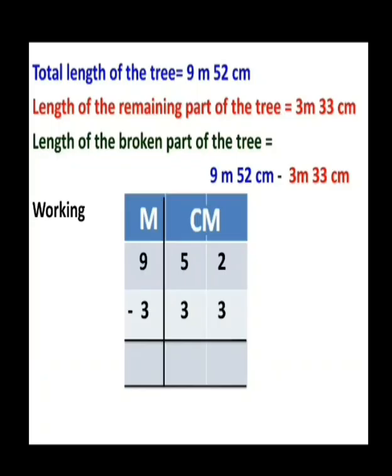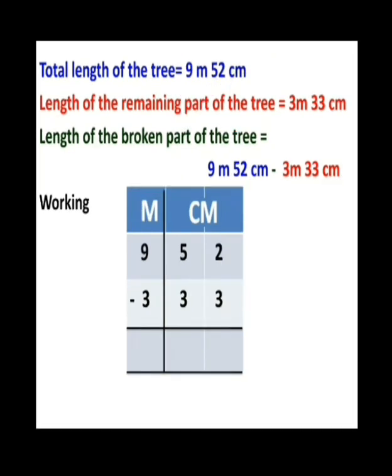Now children, first we will write the numbers in their proper columns. That means we will write meters digit in meters column and centimeters digit in centimeters column. Now let us arrange them. So here the total length of the tree is 9 meter 52 centimeter.